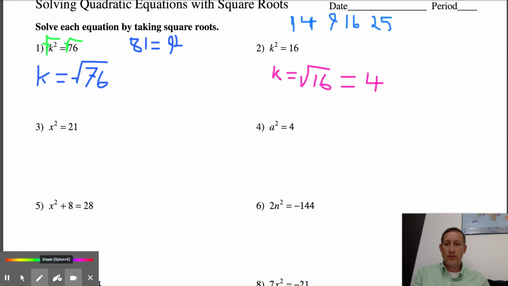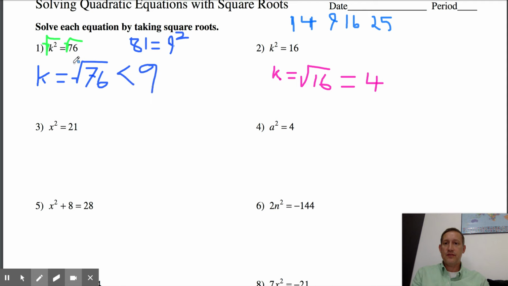So since that's really close to 81, I know that this is going to be sandwiched in between 8 and 9. So the square root of 76 is going to be sandwiched between 9 on this side and 8 on the other side.